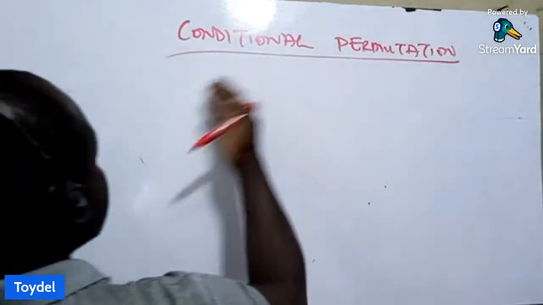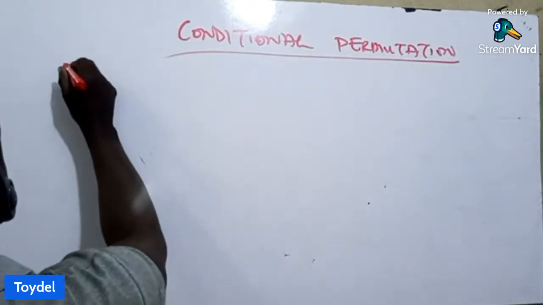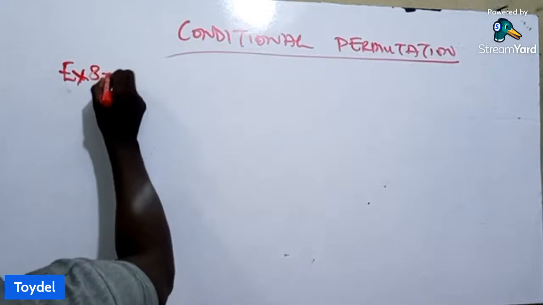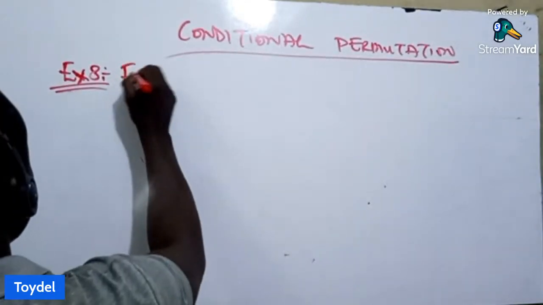That is, once a restriction is placed on the given question, you should know that you won't be able to do everything freely. So for instance, let's give an example.